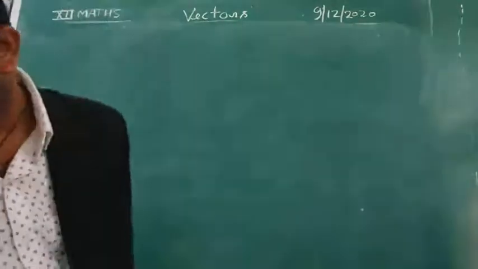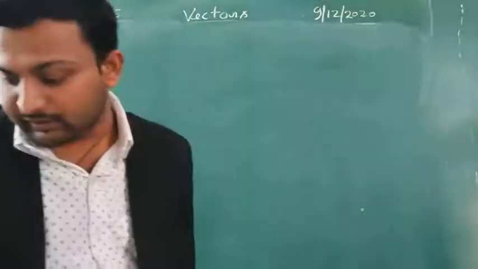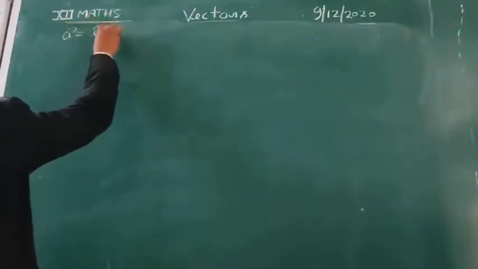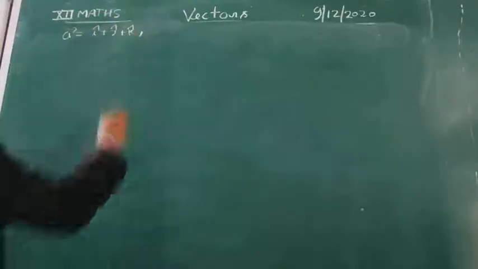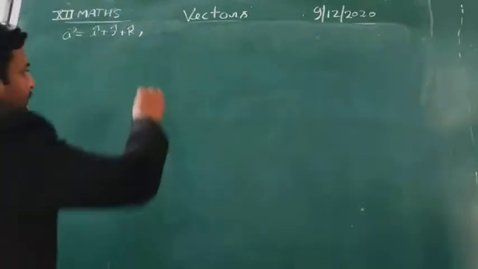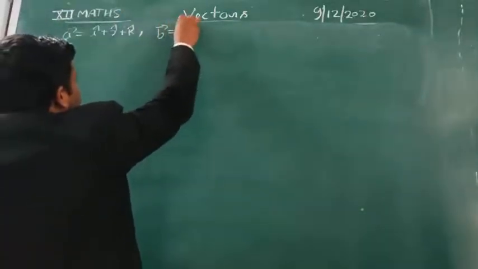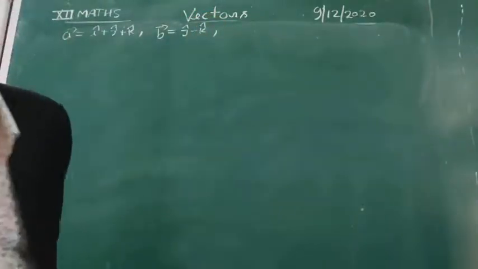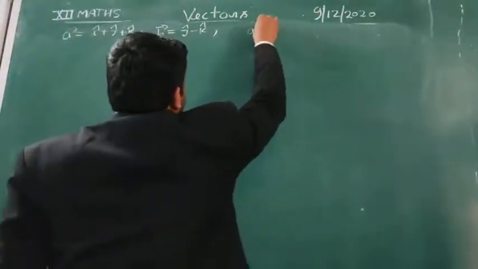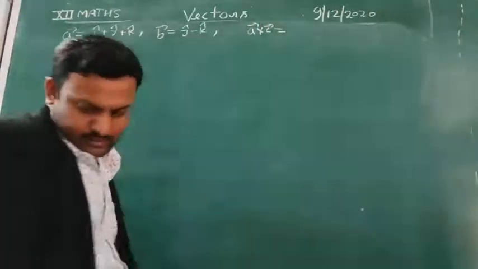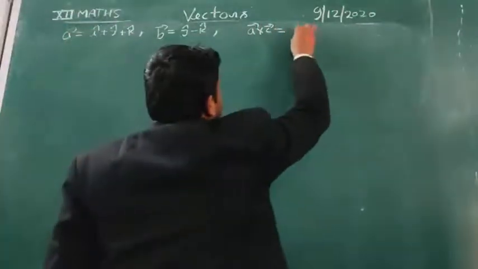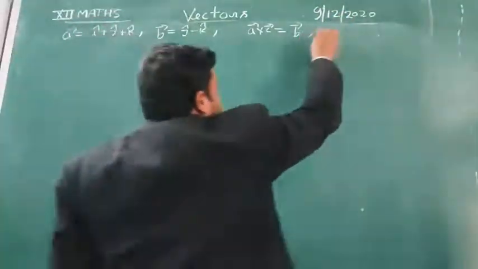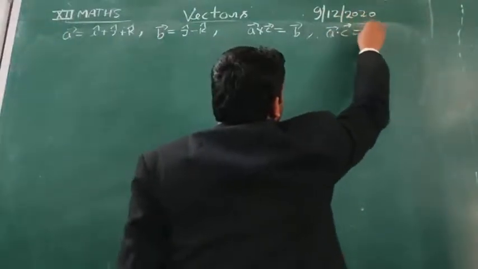So next question is, if A is equal to I plus J plus K and B is equal to J minus K, then find a vector C such that A cross C is equal to B and A dot C is equal to 3.